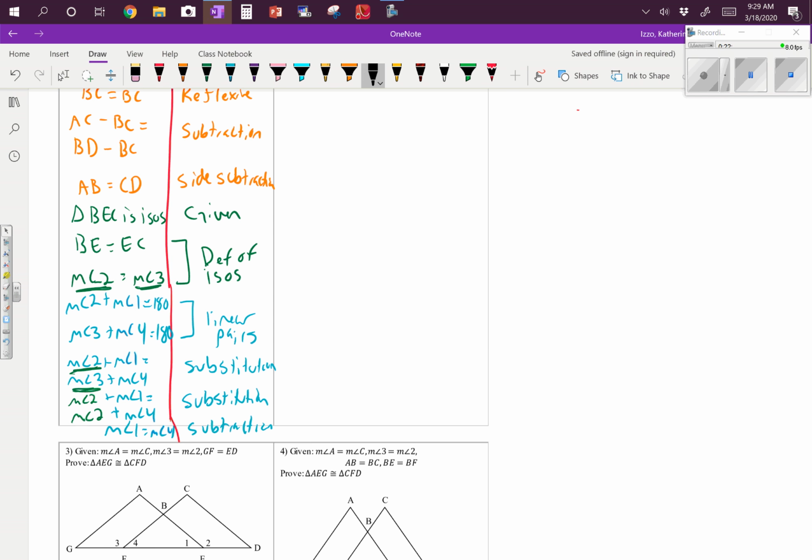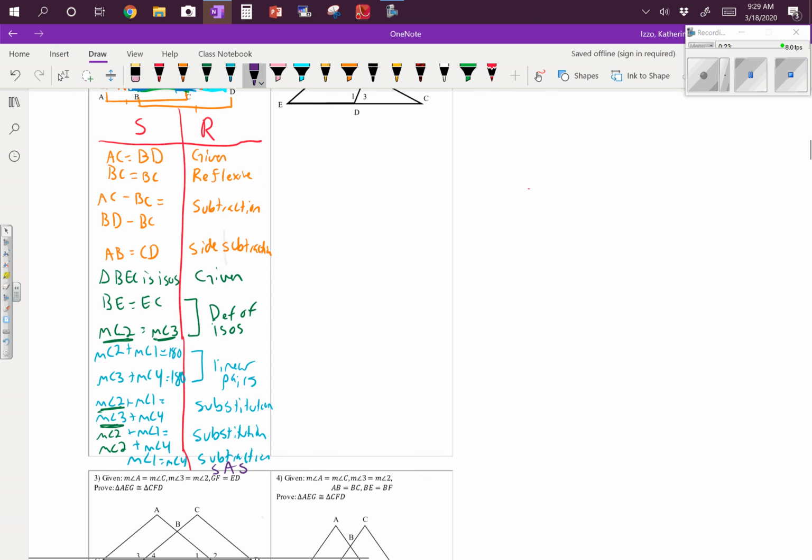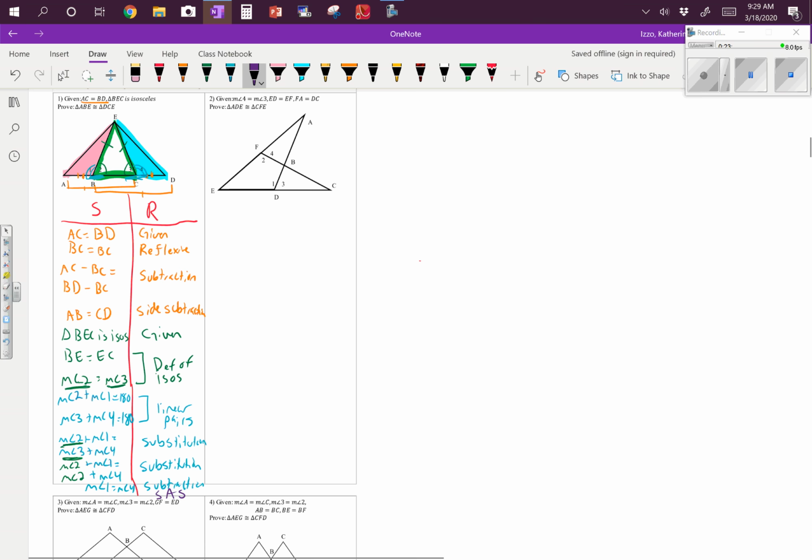So we can say side, angle, side. And that is why triangle ABE is congruent to triangle DCE. Yeah, I know it's crunched. It's better than nothing. It's also very rainbow. I like the rainbow.